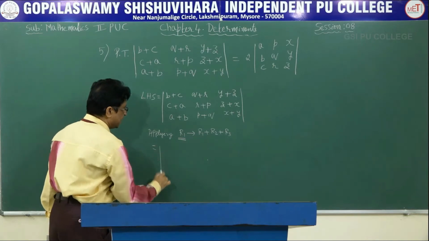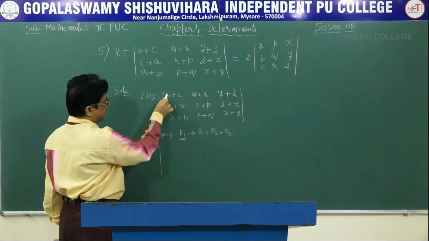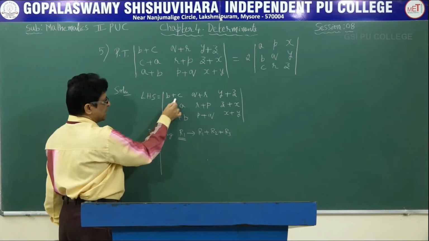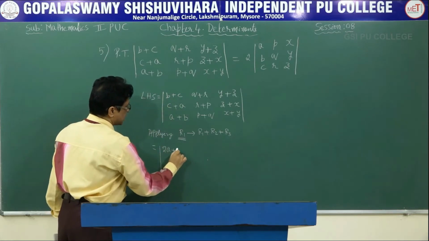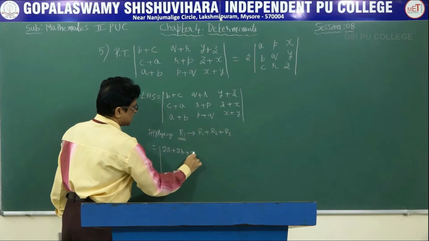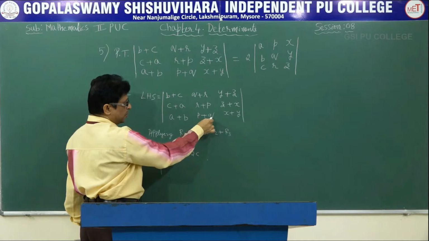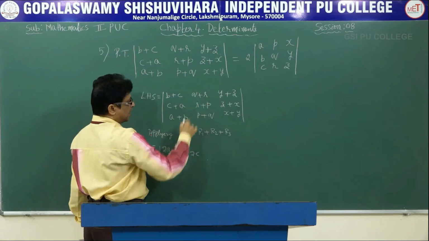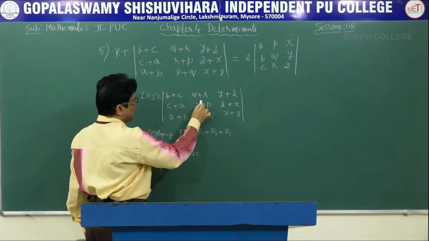That will be equal to, if you add R1 plus R2 plus R3, b plus b to b, a plus a to a, c plus c to c, that is 2a plus 2b plus 2c. Similarly, q plus q to q, p plus p to p, r plus r to r, that is 2p plus 2q plus 2r.